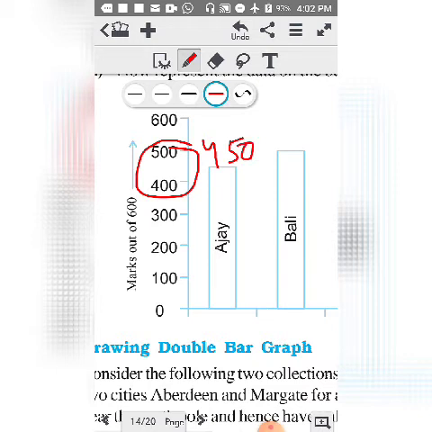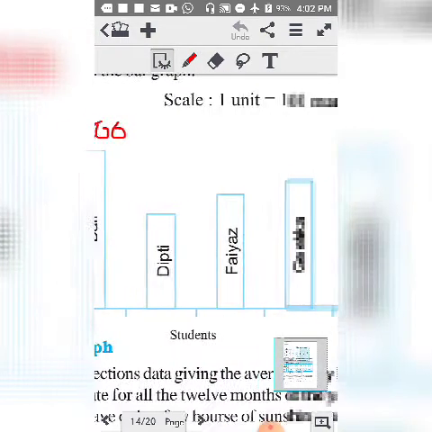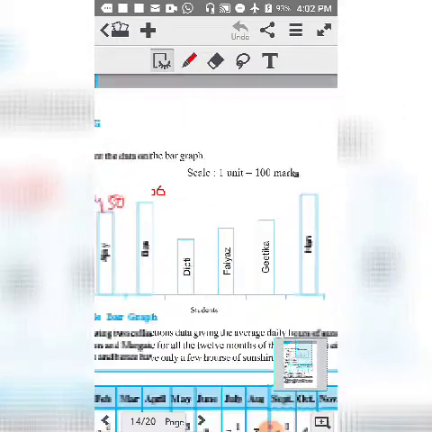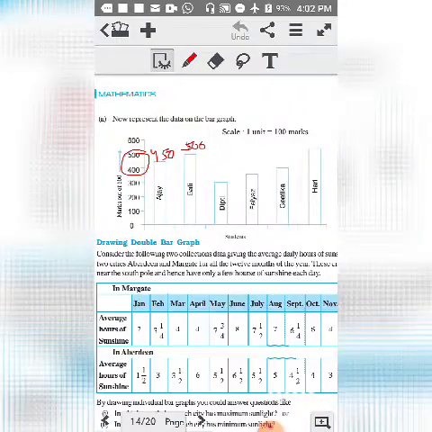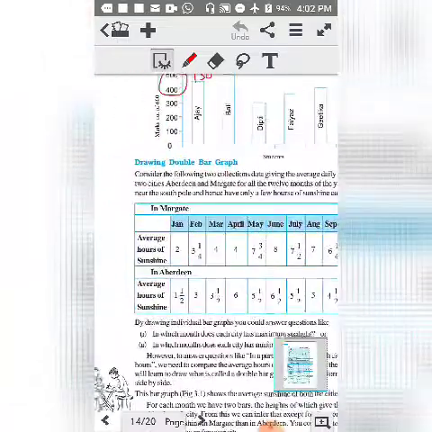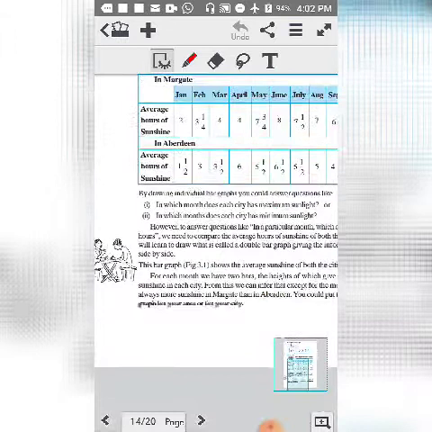Then Bali has scored around 500, roughly exactly it is 500 marks he has scored. In this way there are different names of children written, and you have to tell what are the marks scored by the children. So this is how we read the bar graph, just the information and then we read it.